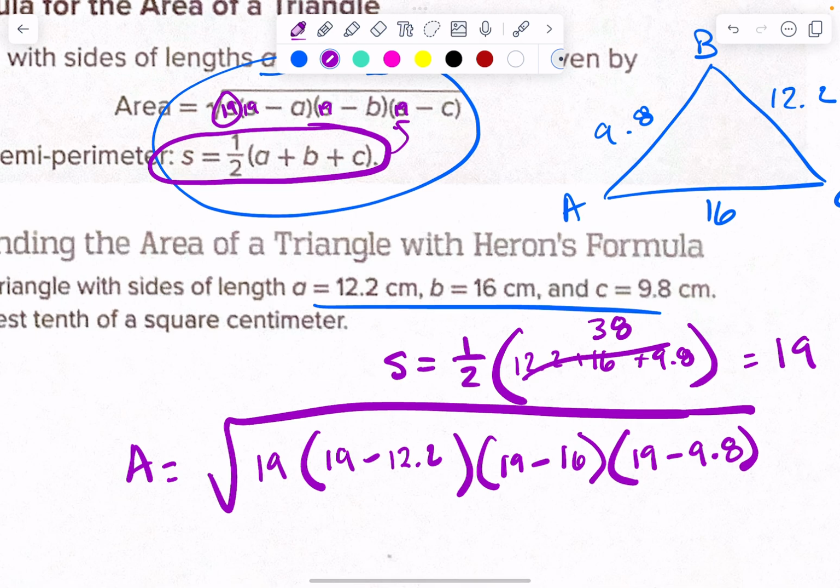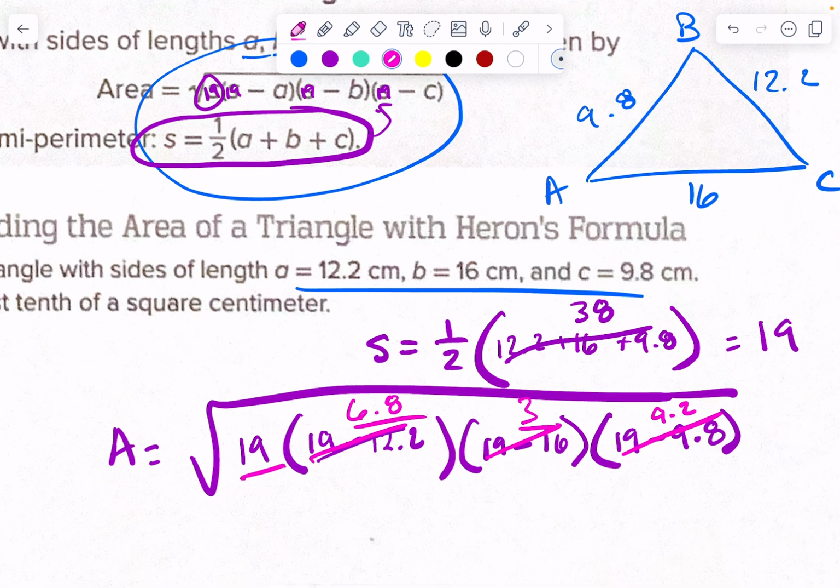I'm just going to do that for each one of these. 19 minus 12.2 is 6.8, 19 minus 16 is 3, 19 minus 9.8 is 9.2, and then we're just multiplying all 4 of those numbers together.